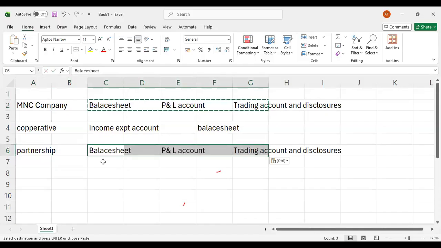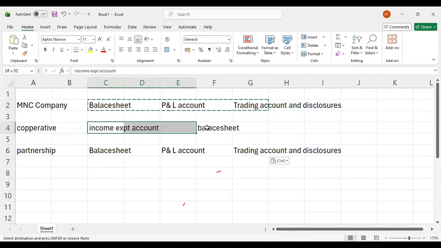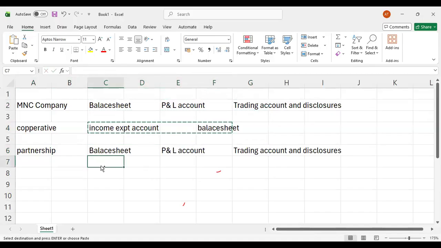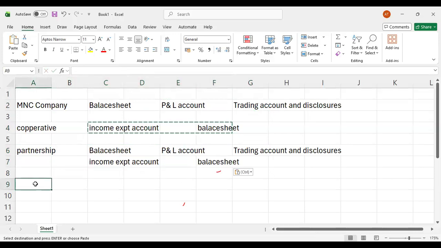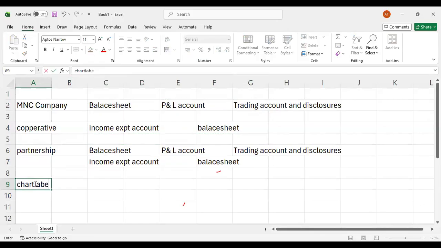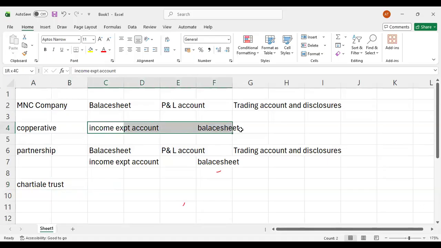If it is small, then I can have income expenditure and balance sheet. If it is a charitable trust, then it is normally non-profit making, so it has income expenditure and a balance sheet.